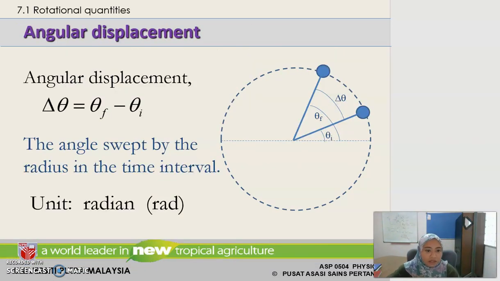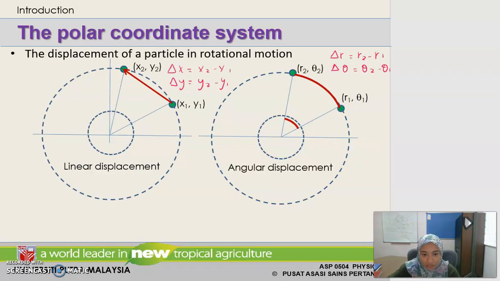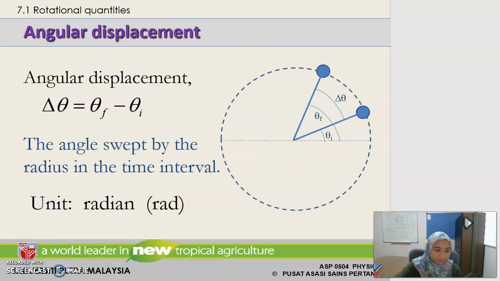So change in theta is actually called angular displacement. Again, this is called linear displacement and this is called angular displacement, when there is a change in theta but the radius is the same. Okay, so that is angular displacement.